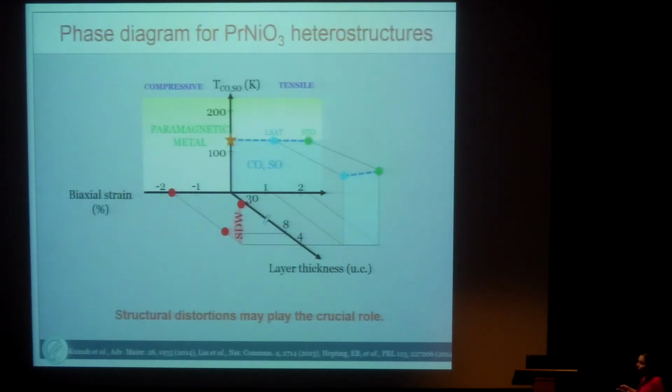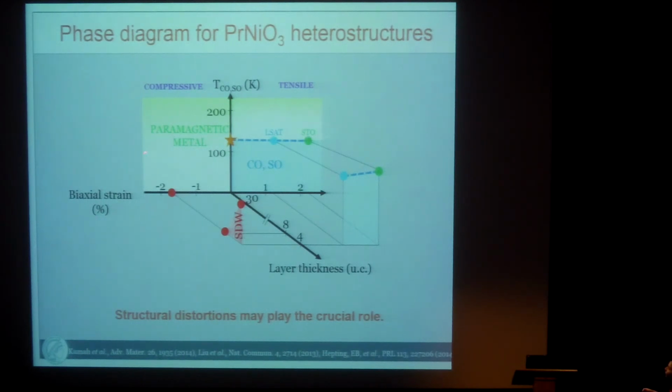This is different if you look at the same kind of qualitative phase diagram for praseodymium nickelate-based heterostructures. Here it appears that depending on the sign of strain, for compressive strain, you can suppress the metal-insulator transition, which is observed in bulk, while for tensile strain, it looks bulk-like.